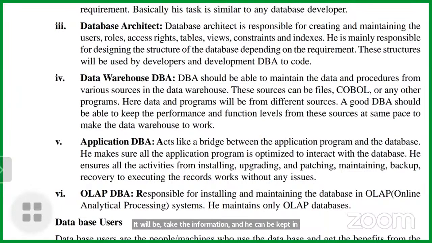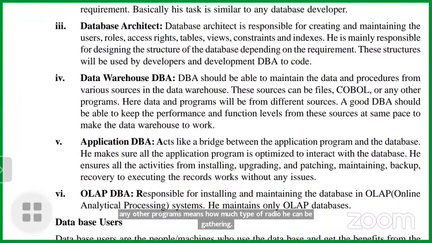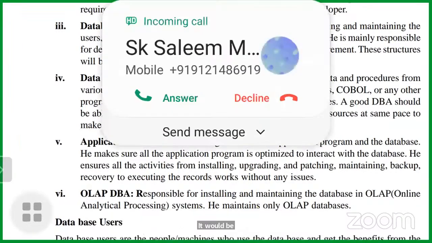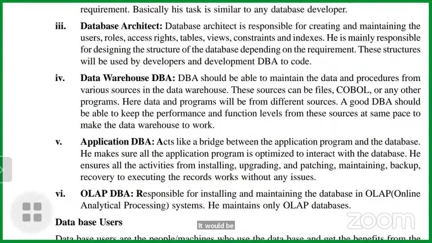These sources can be files, COBOL, or any other programs. From all the different sources, he gathers the programming-level data, and it is stored in the data warehouse. So his duty is this.